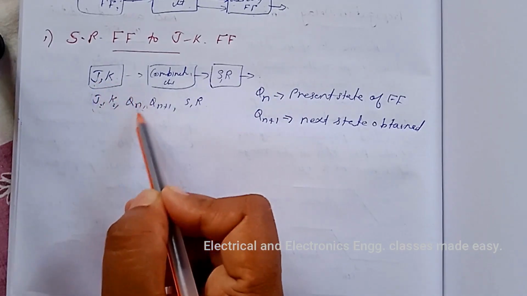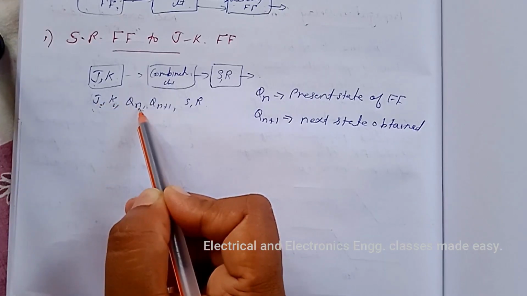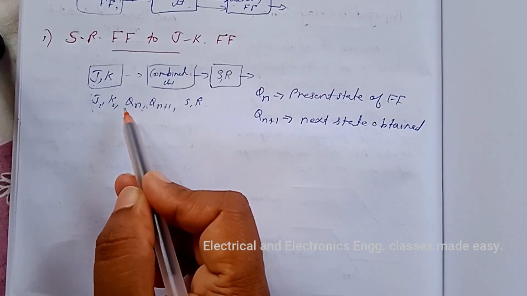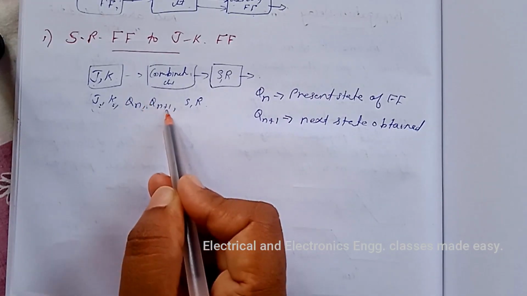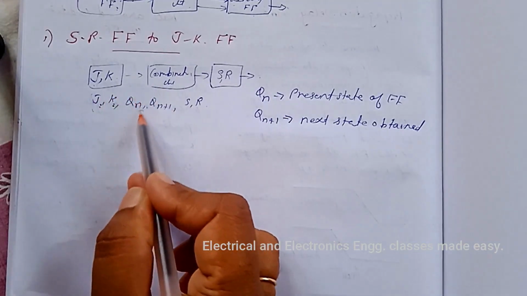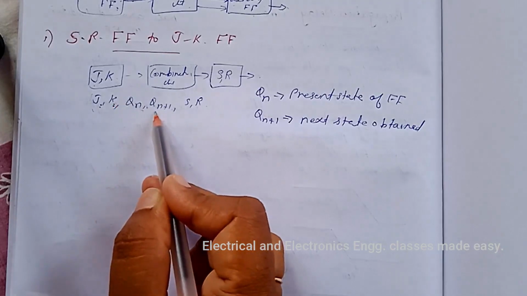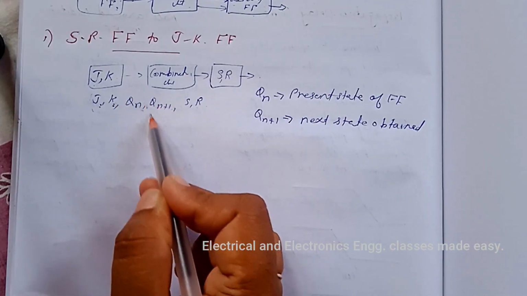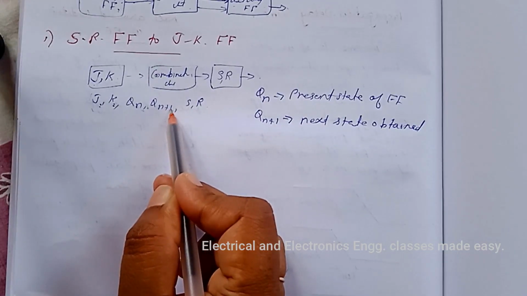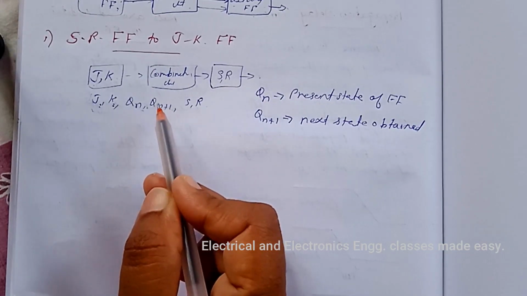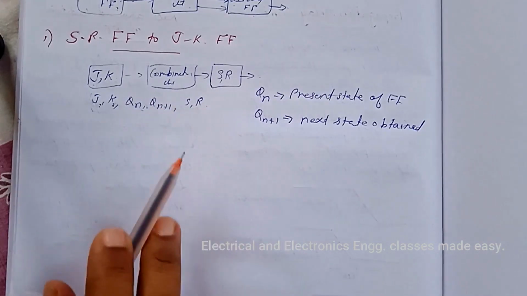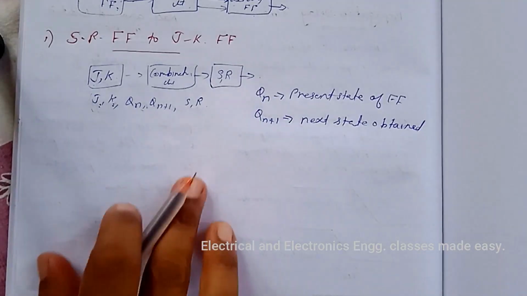So first of all, design JK and QN as the inputs and find the corresponding Qn plus 1, that is the next state to be obtained while applying the inputs JK. We have to design the next output, that is Qn plus 1, and then we have to design the S and R inputs. That is the procedure.